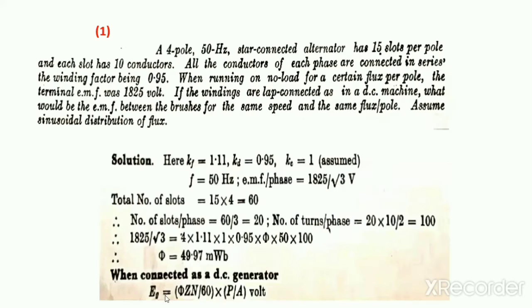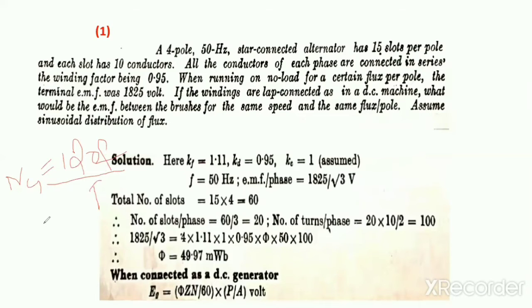And we don't know the speed N, so we use the synchronous speed. What is the formula for speed? Ns is equal to 120 F by P, where F is the supply frequency and P is the number of poles.